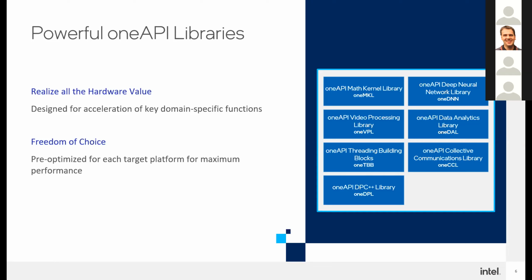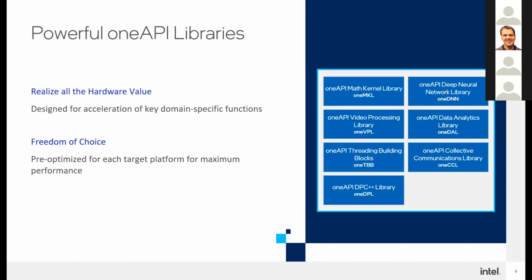The next one is the data analytics library. That's a library for classic machine learning. So nearest neighbors, decision trees, regression, and many other unsupervised, supervised learning tasks. A lot of functions are in there, and which are part of the library.